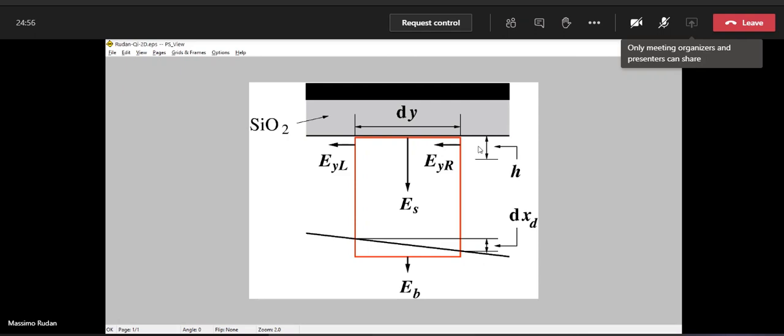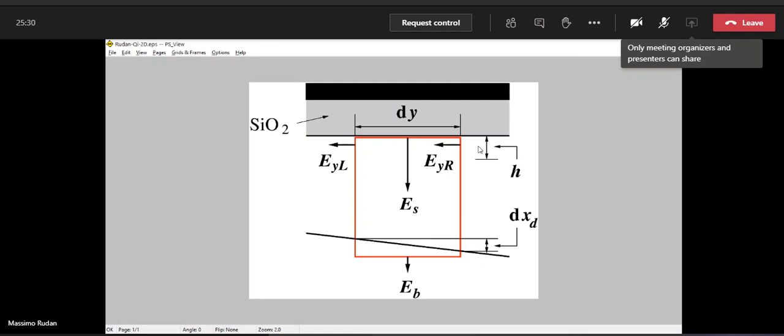The horizontal field is small because in the linear region, VDS must be smaller than the saturation value. So it is not so big, okay? So if VDS is not so big, the horizontal variation in the electric potential across the width dy is small, and the variation in the field is even smaller.